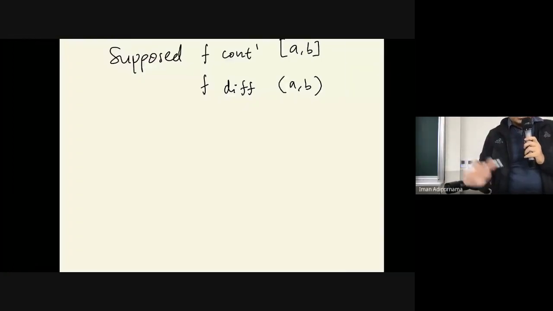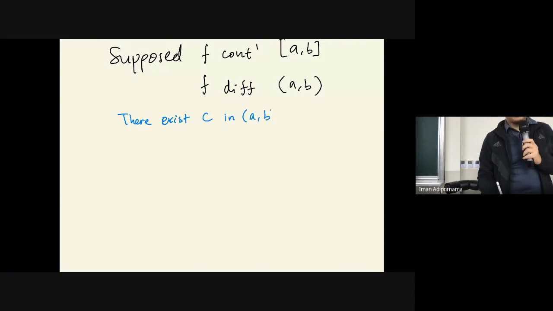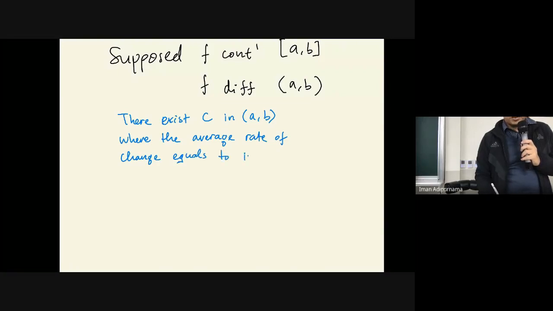It says that there exists C in that interval where the average rate of change equals the instant rate of change.